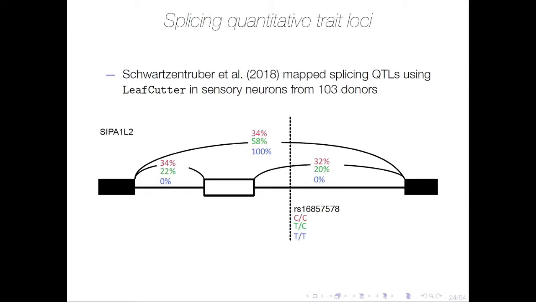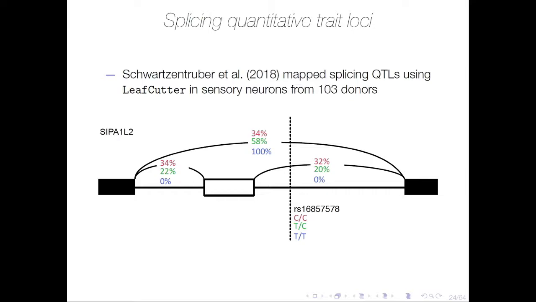So what they found here is that the human reference genome in this position has a C. And when you have C, you see that this exon is usually included in the gene about half the time. For heterozygotes, so individuals who have 1 copy of C and 1 copy of T at this position, you see more frequent skipping of this exon.